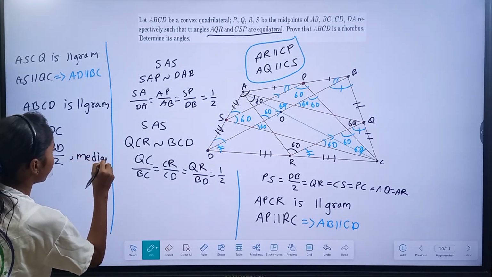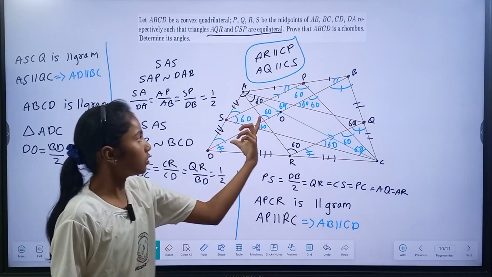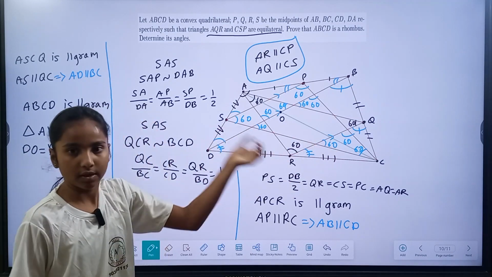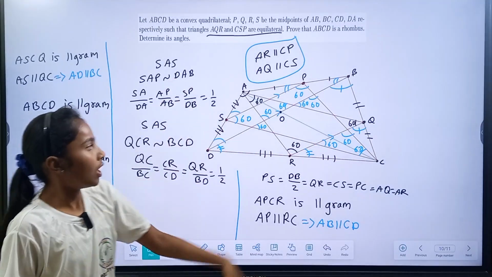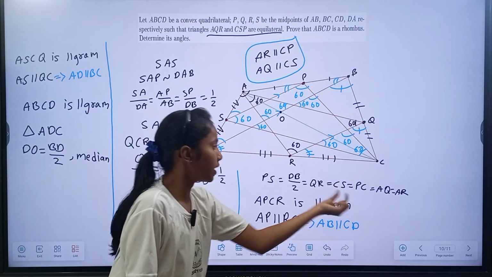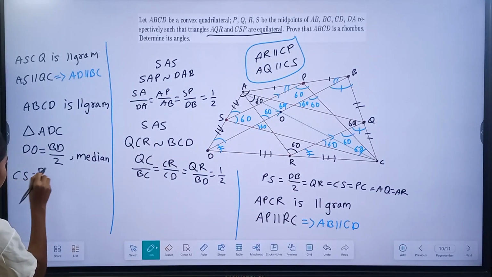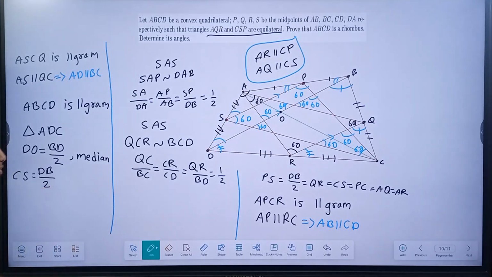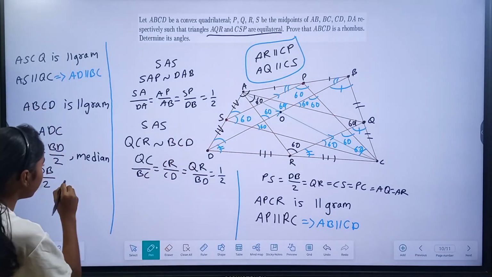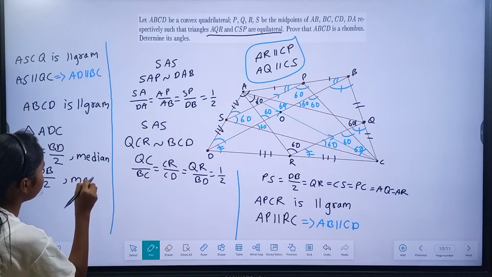Now we'll take CS, because S is also a midpoint. CS is equal to DB divided by 2, and it is also a median because S is a midpoint.